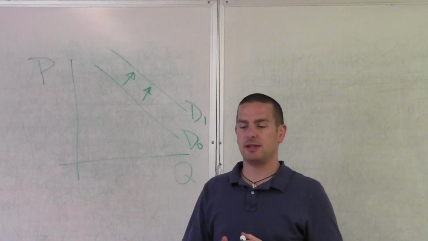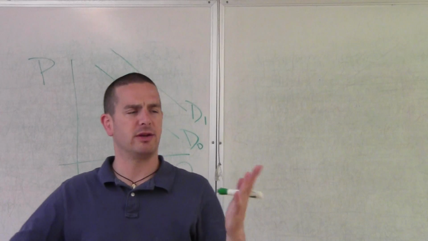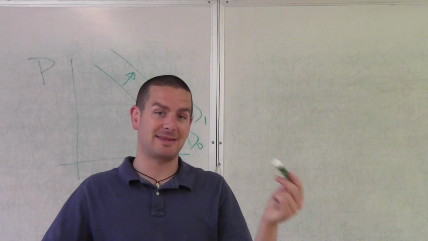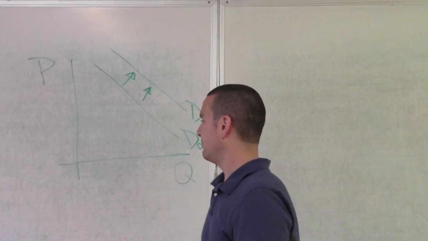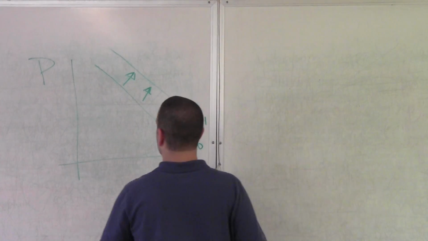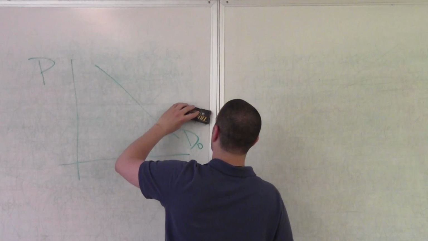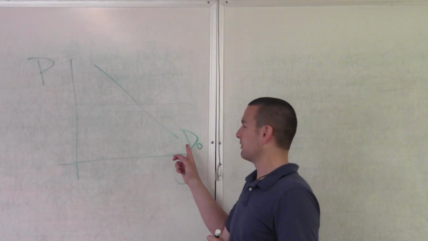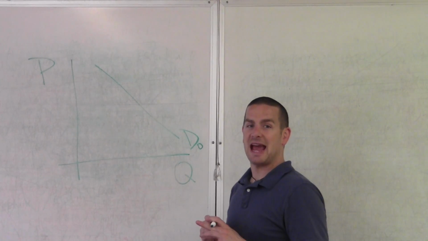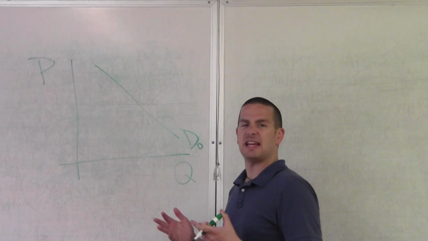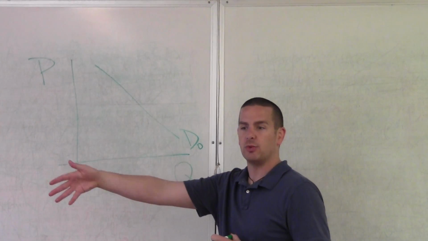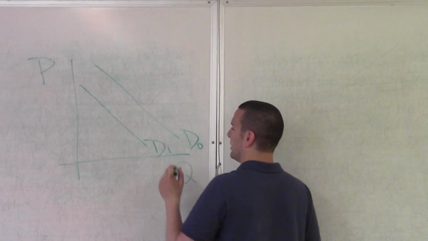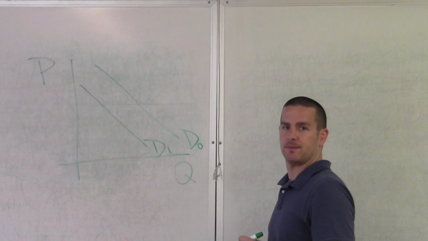On the other hand, let's say that you lost your job. Knock on wood, right? Hopefully not. If you lose your job, then what you have is less income. Less income means that the demand curve will shift this way. Okay, you have your original demand curve, D0, and if your income goes down, or if your tastes and preferences change, you don't want any more Coke, you want to drink more Pepsi, then this will be your new demand curve.